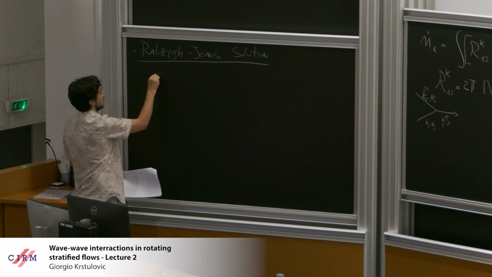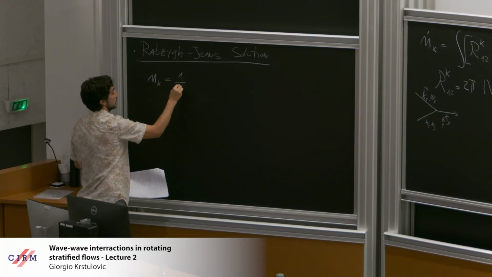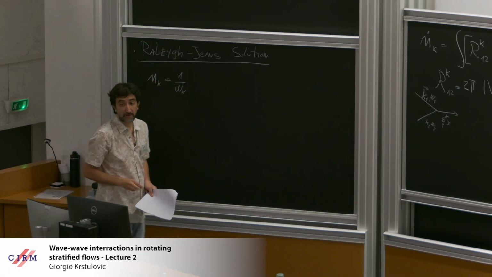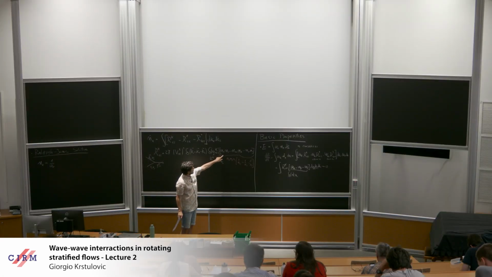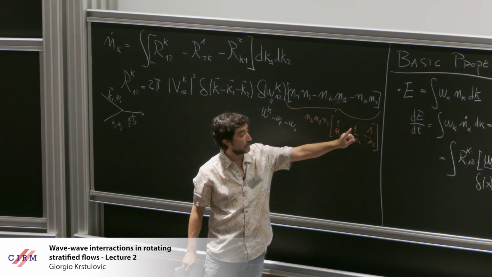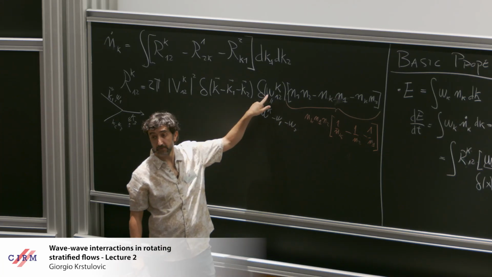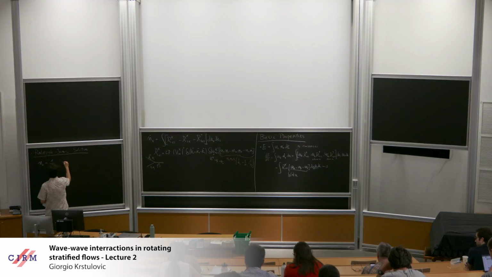If you take n of k to be 1 over omega k, you get exactly from this formula omega k minus omega 2 minus omega 1, which is exactly the argument inside the Dirac delta. So this implies, and this is a steady state.